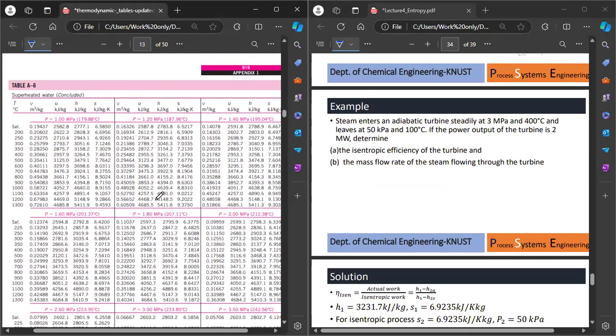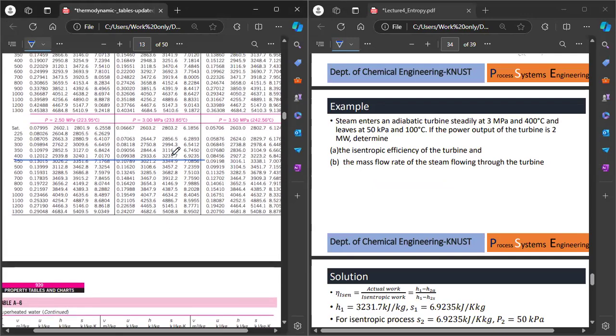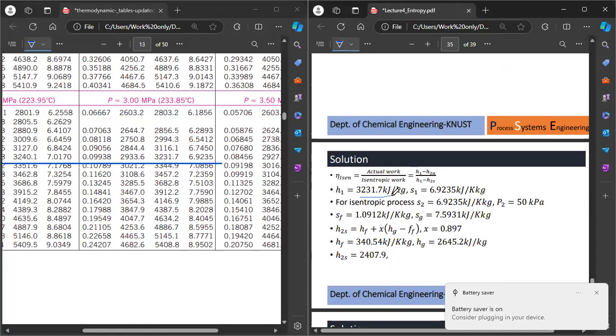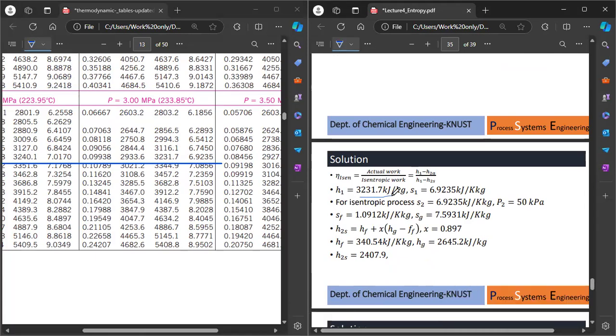And then the enthalpy is the third column. So the value I'm going to read is 3231.7, right? It's going to be this value over here. So that's what we see being done at this point.